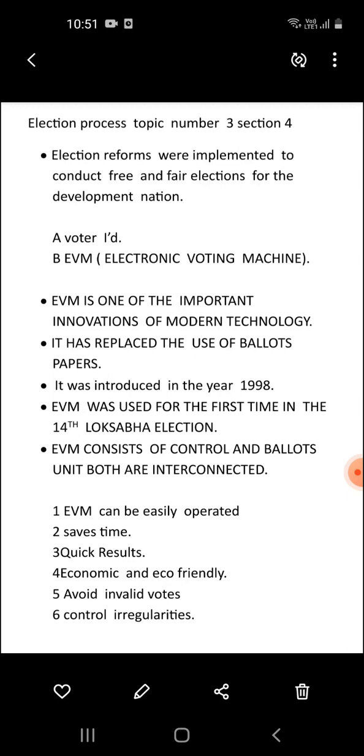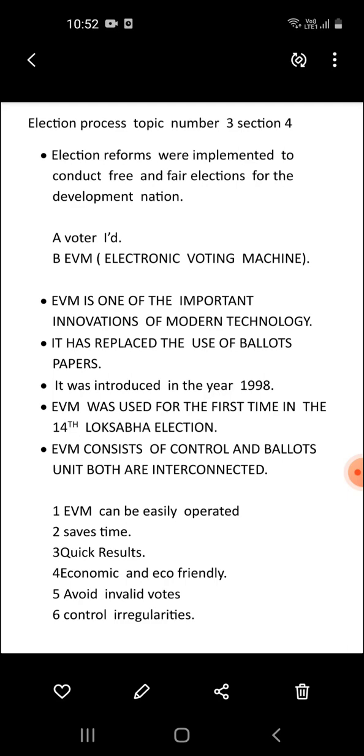Then what does EVM consist of? Let's have a look. EVM consists of two units, control and ballot. Both are interconnected with a cable. The ballot unit is kept where voters cast their vote, and the control unit is with the polling officer.